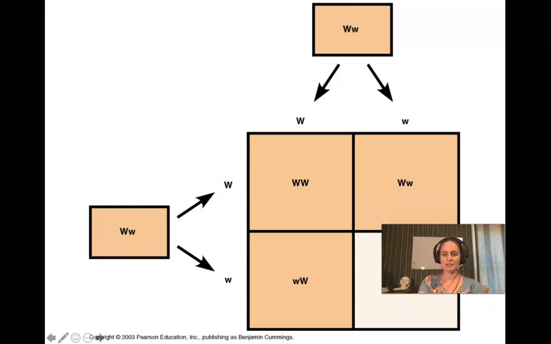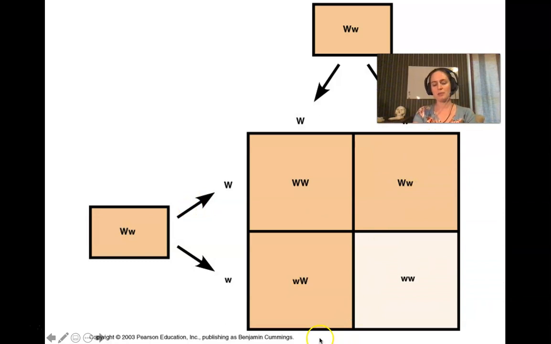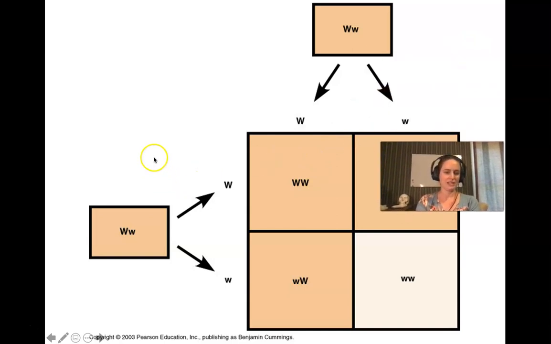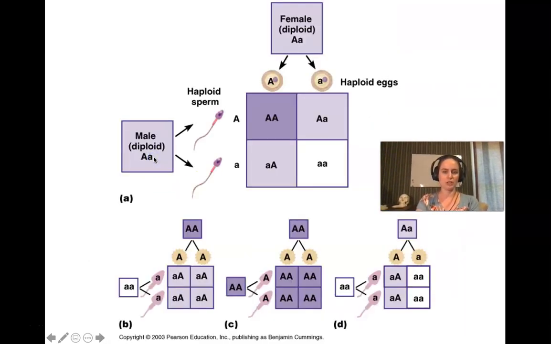And once again, because these are both heterozygous, you come up with the same probability. 1 in 4 chance that their offspring will not have a widow's peak, 50% chance that they'll be heterozygous and be able to pass on a widow's peak, and a 25% chance that they will phenotypically have a widow's peak and be unable to pass on the no widow's peak condition. So that's actually pretty close to our albino chart.